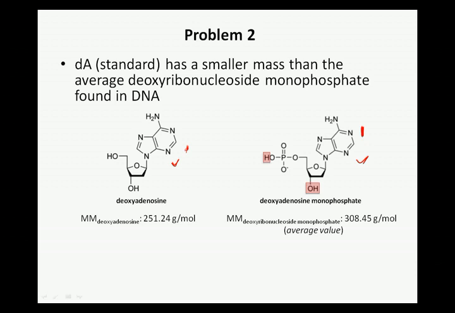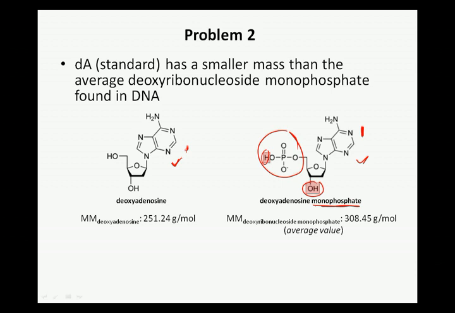In the DNA it is found as a nucleoside monophosphate, so it contains also an additional phosphate group, which obviously affects the molar mass. So the molar mass of a nucleoside in the DNA is higher than the one of deoxyadenosine in general. And obviously there is also a molecule of water that is lost during the condensation reactions of the different nucleosides in the DNA.